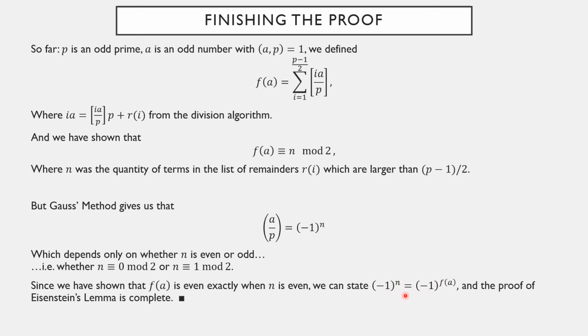Therefore, these are the same number, and since we already know the Legendre symbol is equal to -1 to the n, it must also be equal to -1 to the f of a. And that's the statement of Eisenstein's lemma: instead of computing the Legendre symbol as -1 to the n, where n is counting how many remainders are big, you can instead compute the Legendre symbol as -1 to the f of a, where f of a is this sum of all of these quotients from the division algorithm.